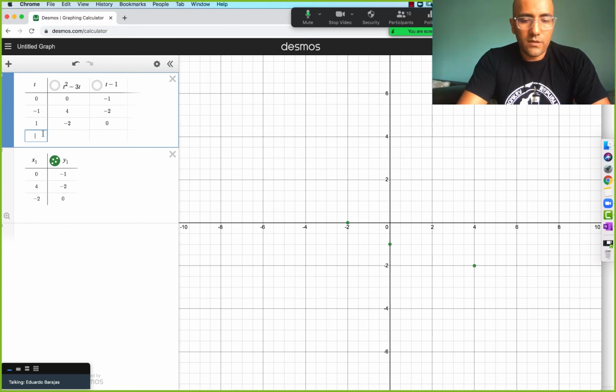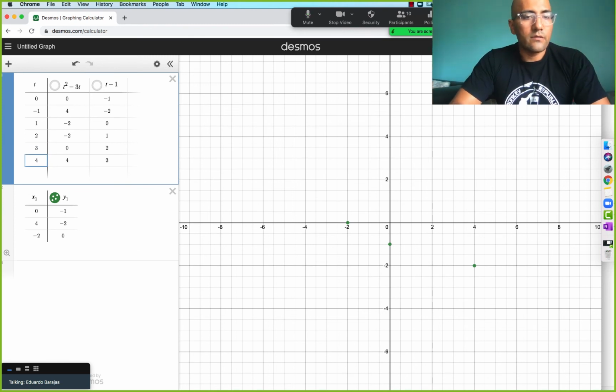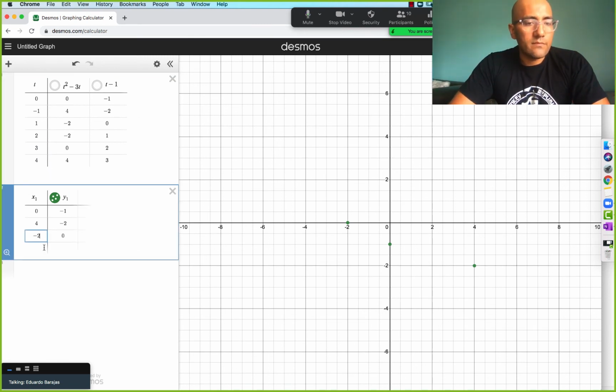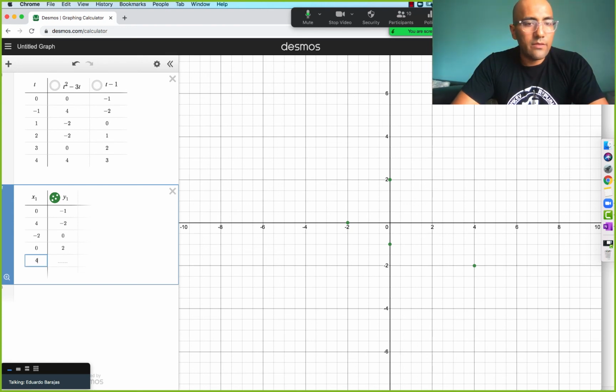How about 2, 3, 4? Okay. Alright, so then this is 0, comma 2 is another point on my grid. 4, comma 3 is another point on my grid. Good. So I'm starting to see a bit of a pattern, maybe.